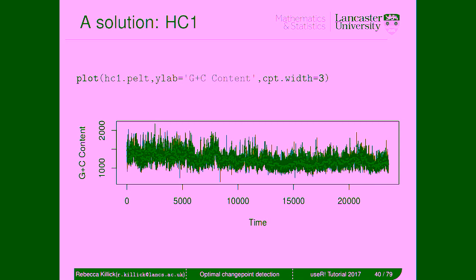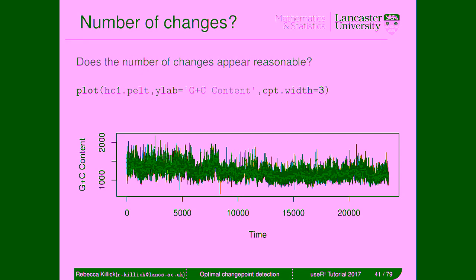So part of this brings me to the next part, which is how do you actually decide the number of changes? If you use a default penalty value and you look at it and go, I don't believe that at all, how do you justify choosing another option? Okay. So when you look at this, you say, well, is that reasonable?